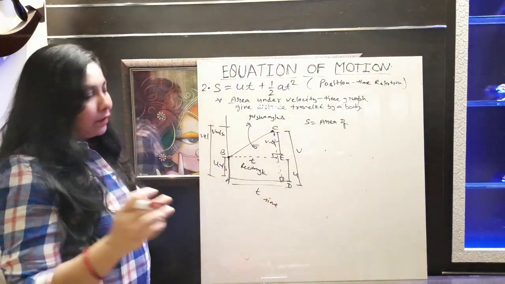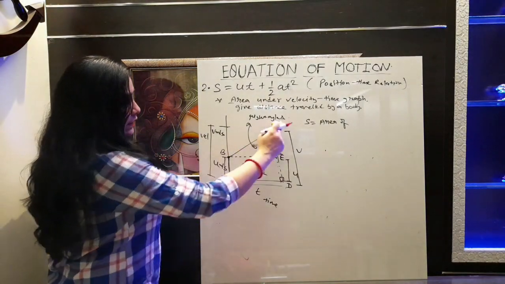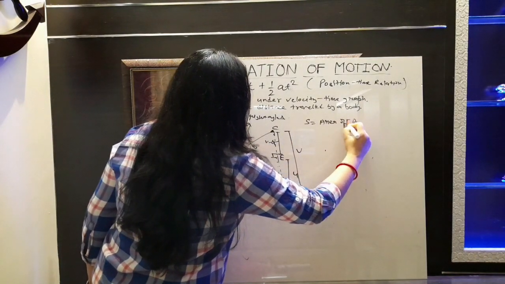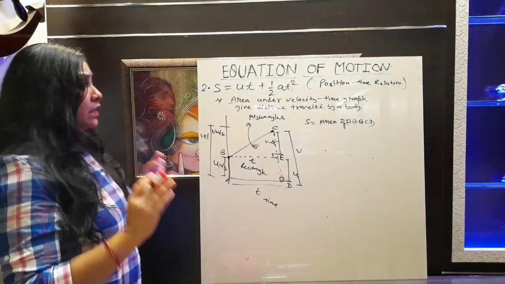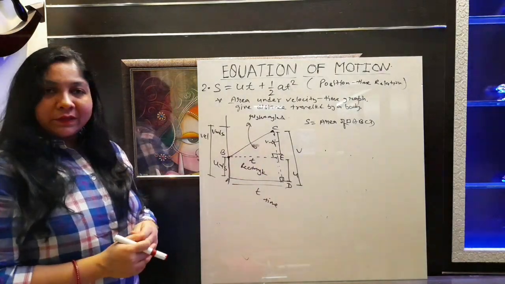Slope BC is just a line, so we bounded it to make an area. That is A, B, C, D. So we can say S is equal to the area of quadrilateral ABCD. Now this quadrilateral can be divided into two parts. First is a rectangle and second is a triangle.